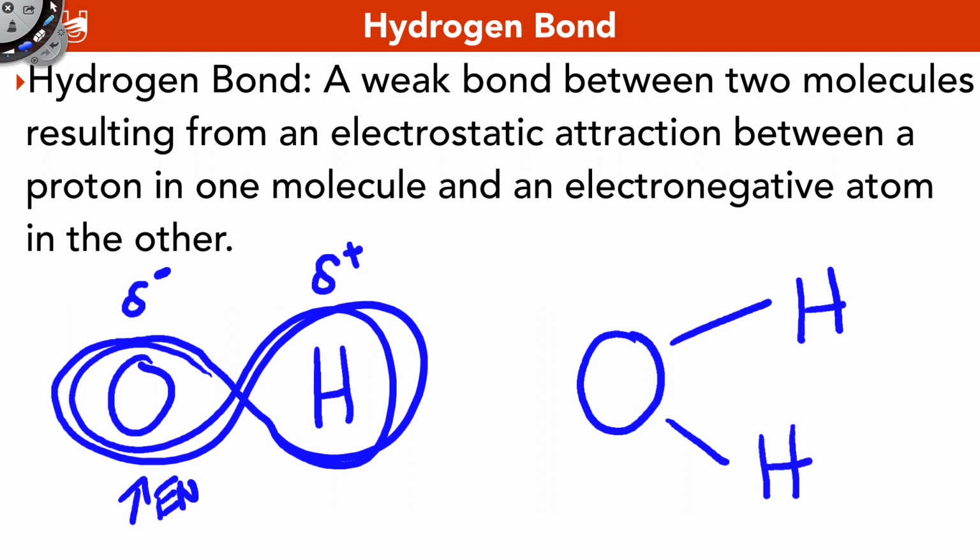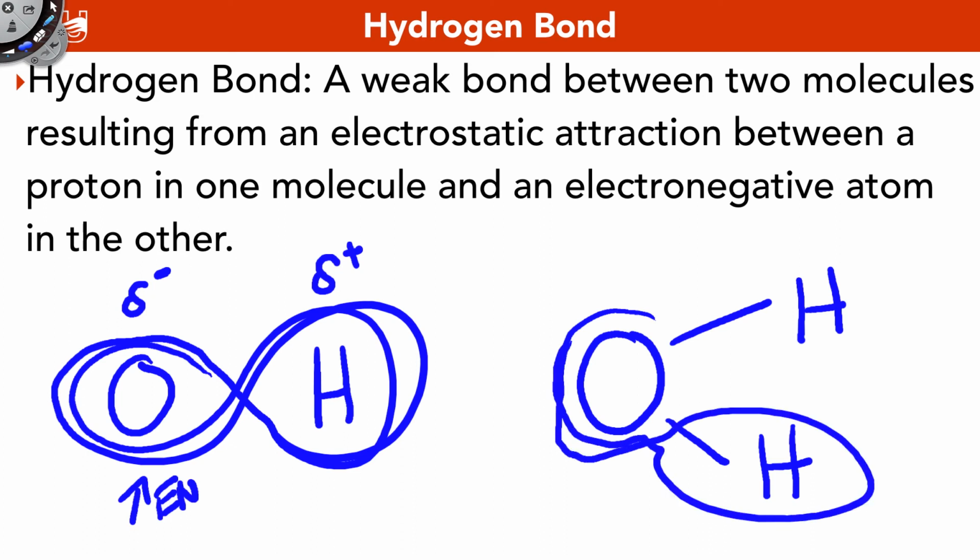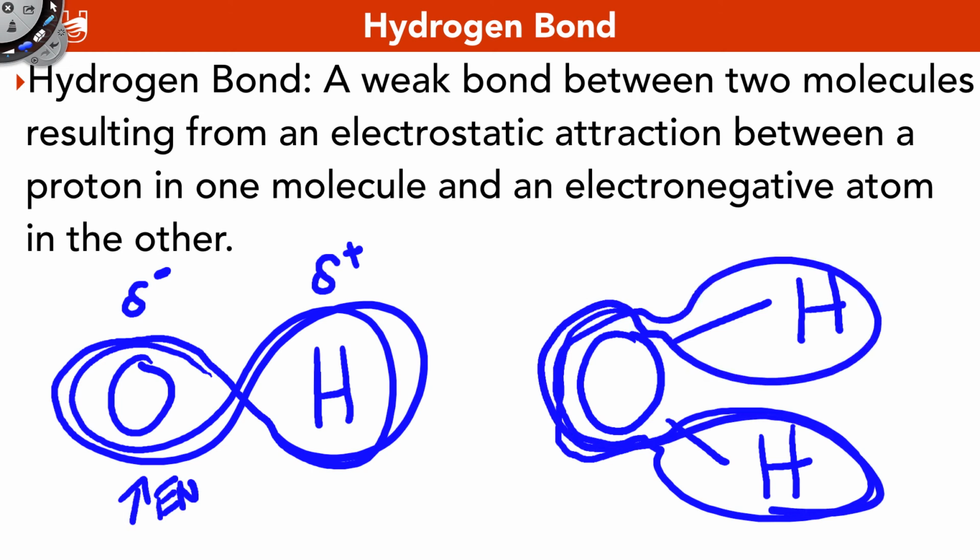Same idea. The electrons are being held around oxygen more because oxygen is more electronegative. They go around hydrogen, stay around oxygen, go around hydrogen. Point is the oxygen will take on a partial negative charge, hydrogen a partial positive charge.